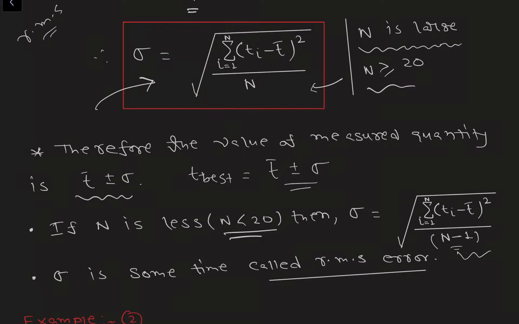Now let me give you one example here. When we measure the time period of oscillation, say a pendulum is oscillating, we don't measure the time period for a single oscillation or two oscillations. We count the time for 30 oscillations, 40 oscillations, 20 oscillations, and then take an average.